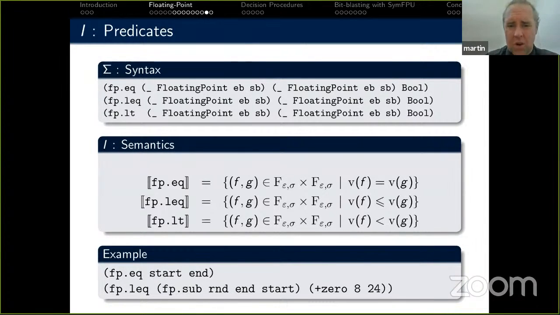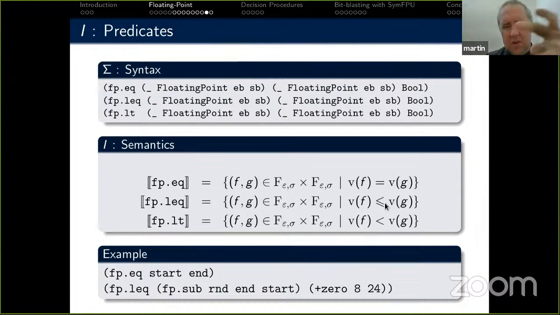Predicates work pretty much the same: equals, less than or equals, is less than. You get a Boolean, and all they do is ask what value this bit string represents. Is it equal? Notice that this will make the 2 zeros equal. Is it less than?